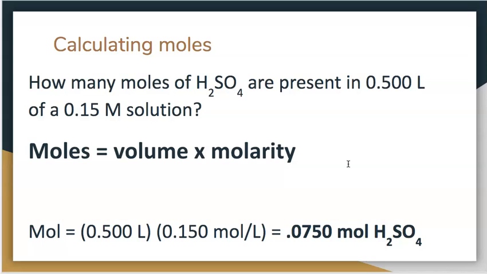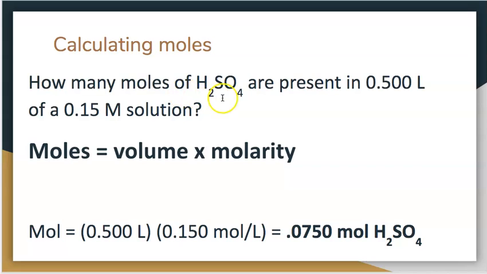We can do the same thing, but do it backwards as well to find the number of moles. Since molarity is moles divided by volume, if we just multiply volume over to the other side, moles are volume times molarity.